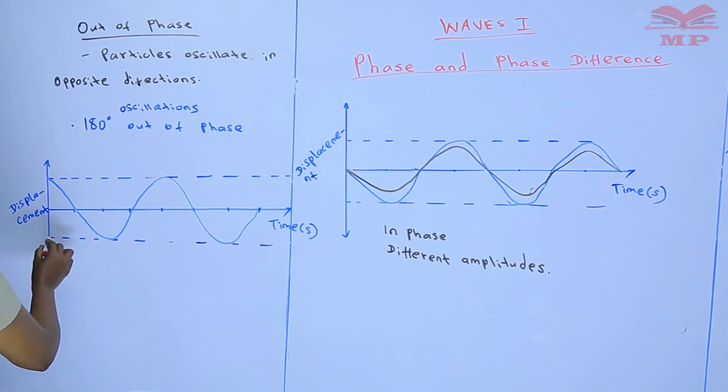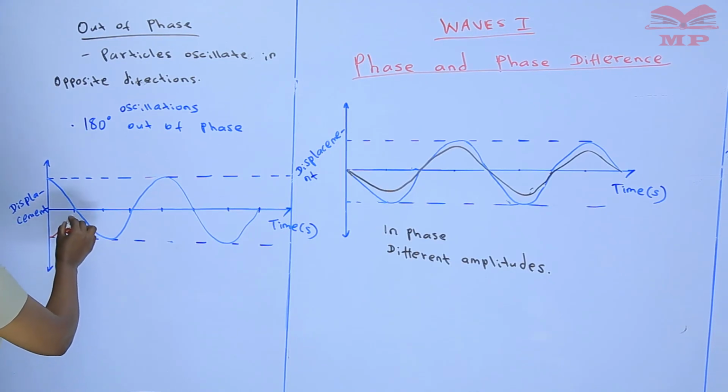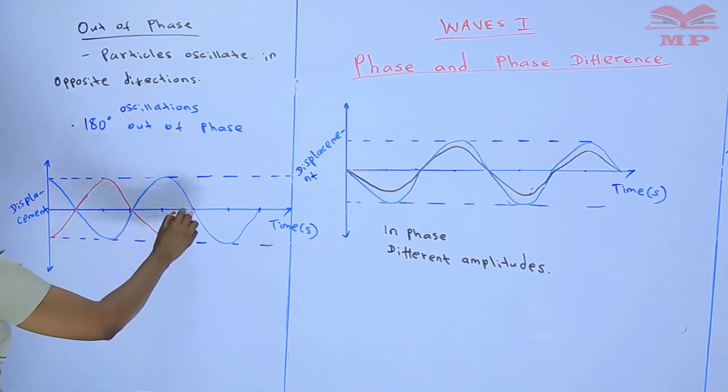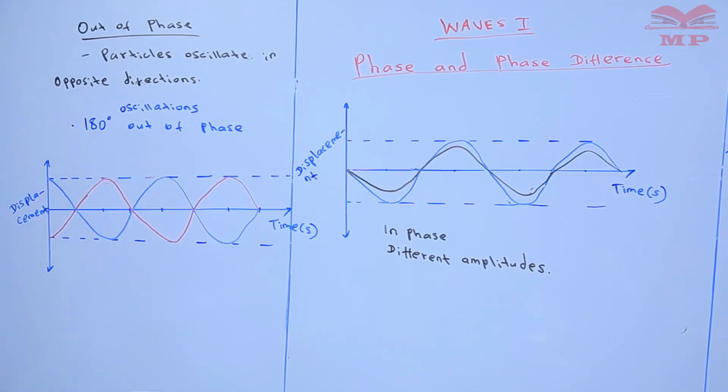So we start from here and move this way. So here the oscillations are 180 degrees out of phase. You can see now it is in opposite directions.